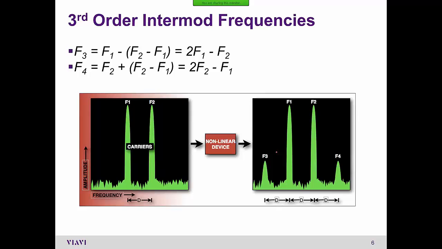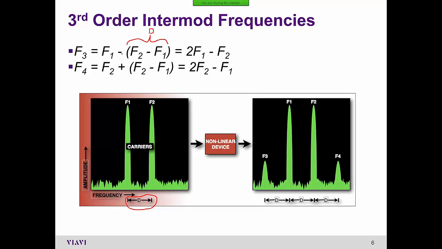If you look at the original signals that are sitting at F1 and F2, you'll notice on this chart, those are some distance apart in frequency terms, and that distance D is simply represented right here by subtracting F2 from F1. That's really the distance D below.